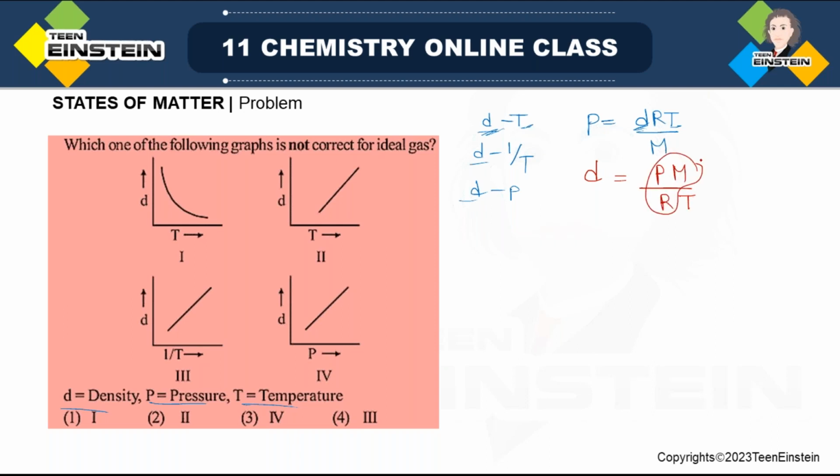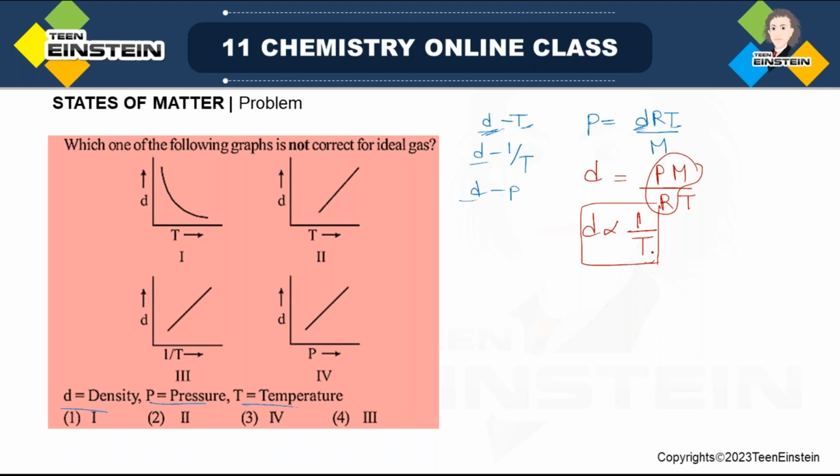So this part if you fix, that is constant, D is inversely proportional to T, right? That means when D will increase, T will decrease, and vice versa.